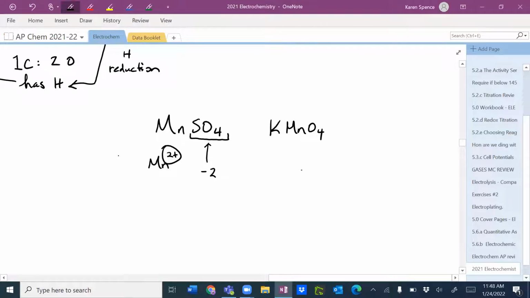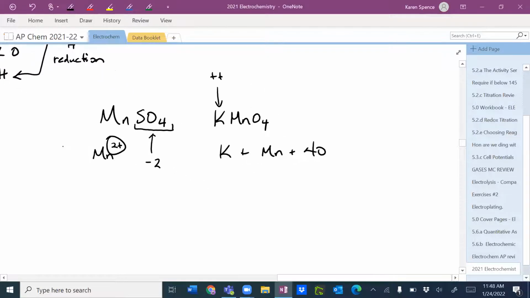Over here, we know that K is +1, and I know that MnO4, the whole thing, is -1, but I don't actually need to know that. I'm going to get rid of that because that just maybe complicates things. So I've got a K, I've got an Mn, and I've got 4 O's. My K is +1, because alkali ions in a compound are always +1.